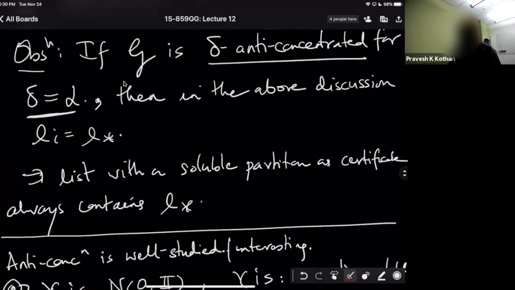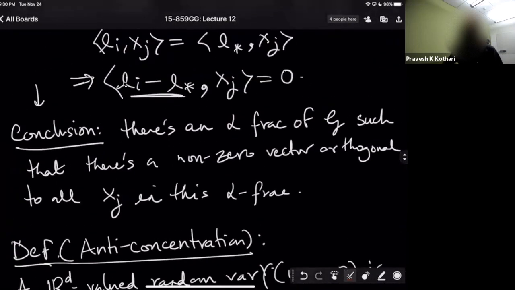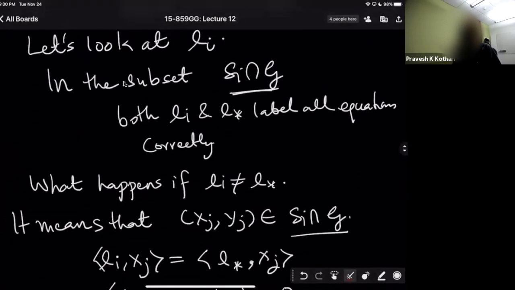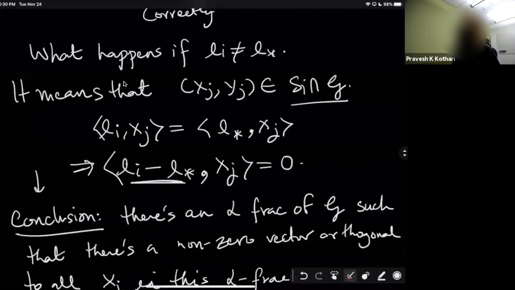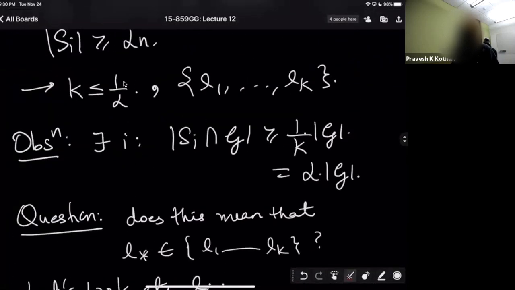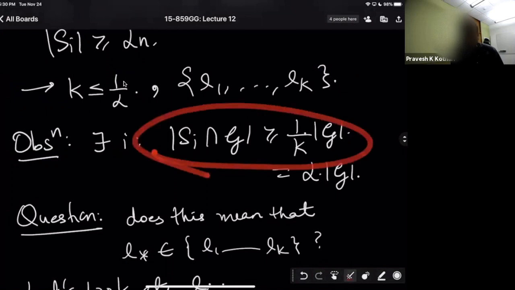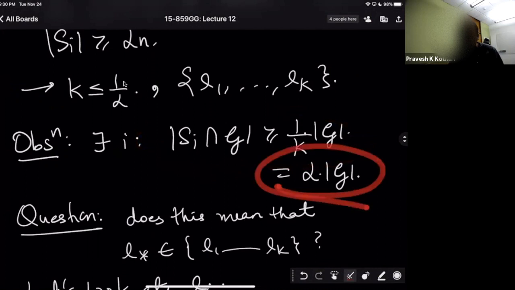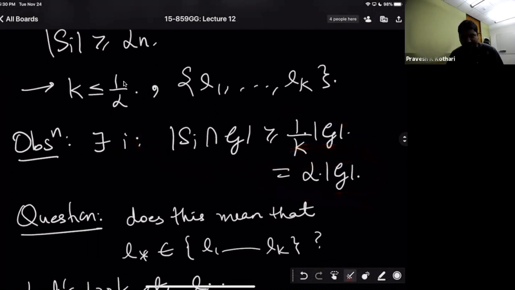And let's go back and check. We were a bit quick and introducing several ideas, so let's be a little bit careful and make sure that we understand this. How did we argue this? We said, by the pigeonhole principle, there must be one of the Si's in the soluble partition which intersects the good set in an alpha fraction of the points of the good set. You still with me on this? Good.